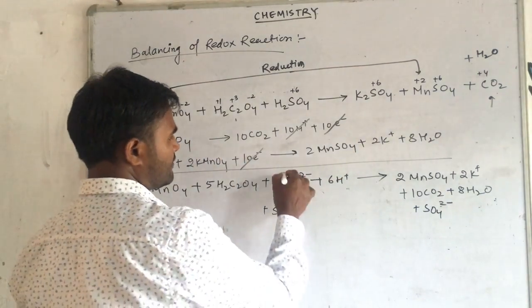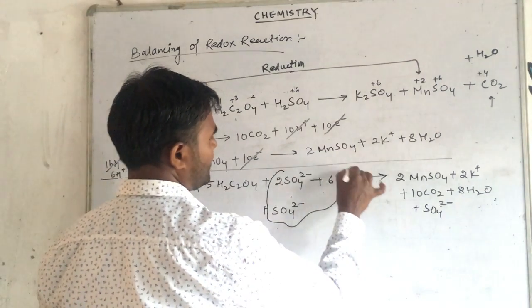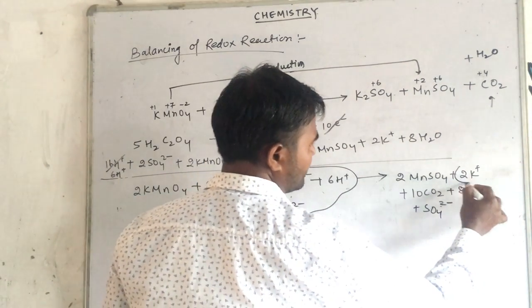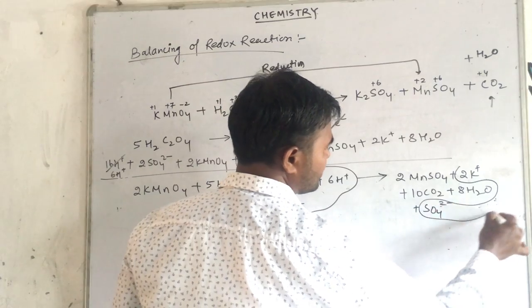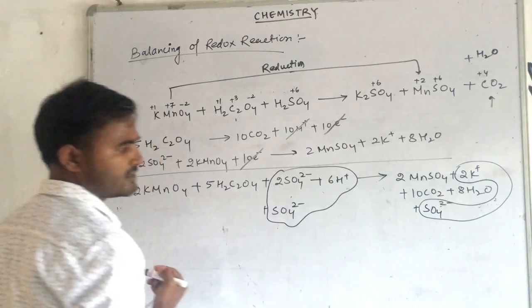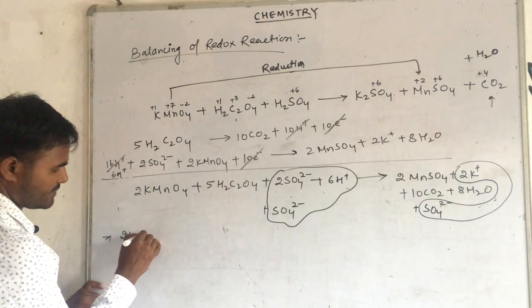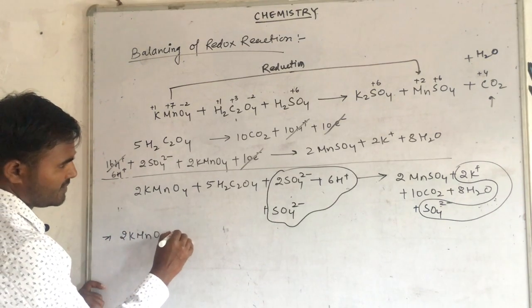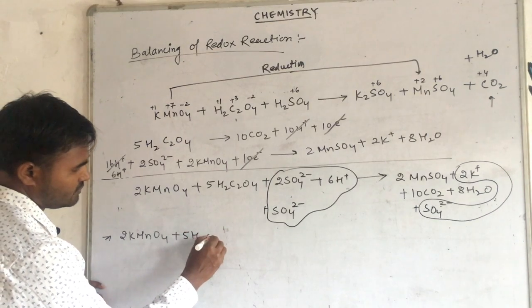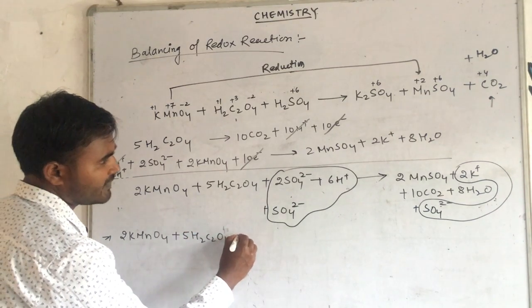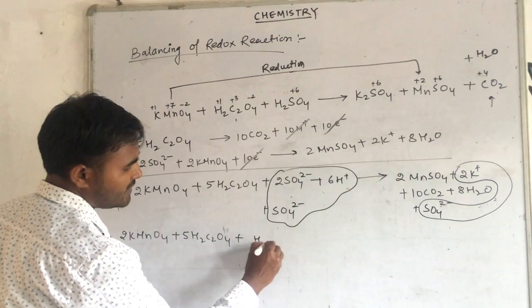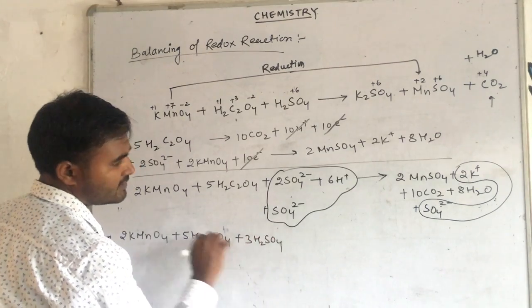Now what will they give, and similarly they will be converted into 5 H2C2O4 plus H2SO4, how many? 3.